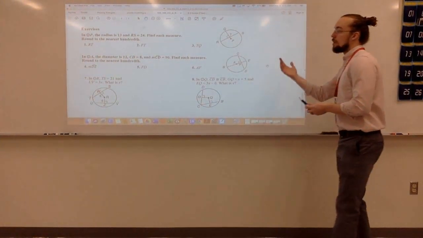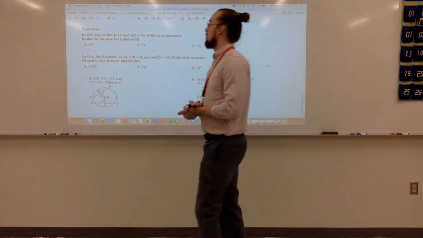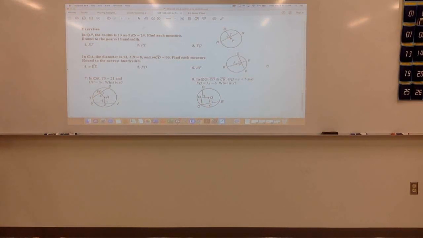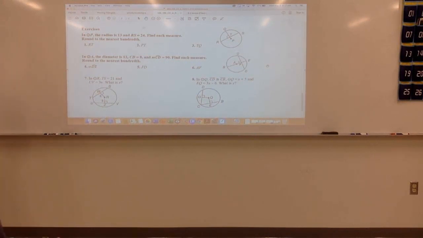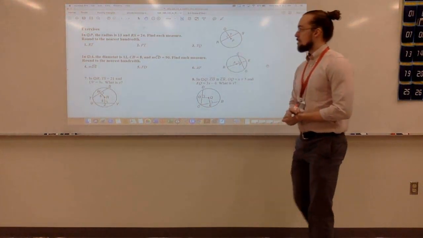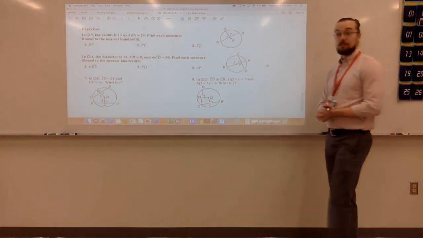Right, so if we look at this first set of exercises, I'm told the radius is 13, RS is 24, and I want to find RT, PT, and TQ. So how would we set something like this up?